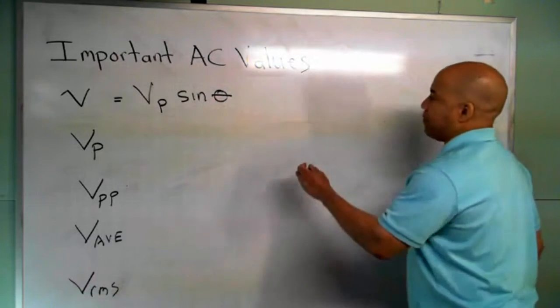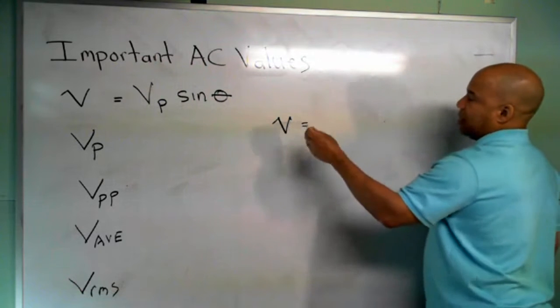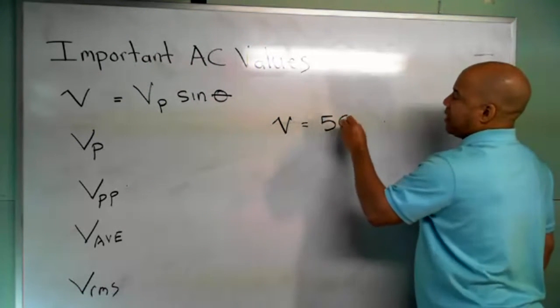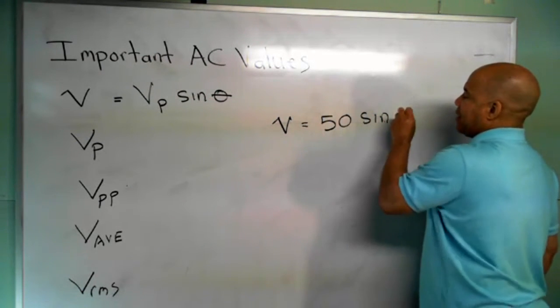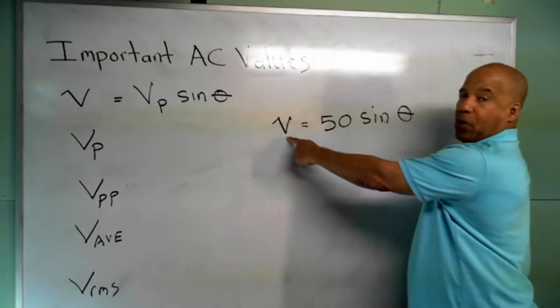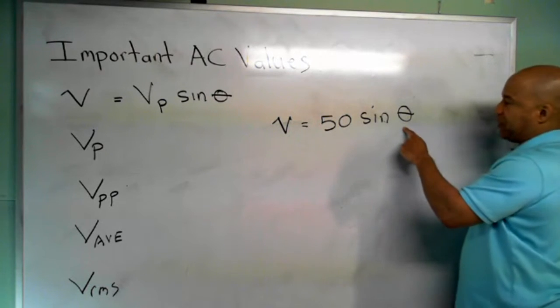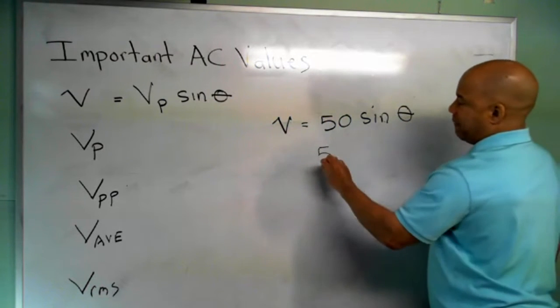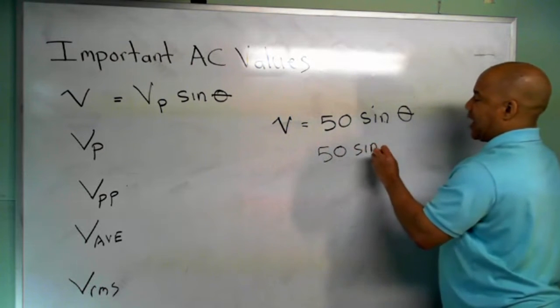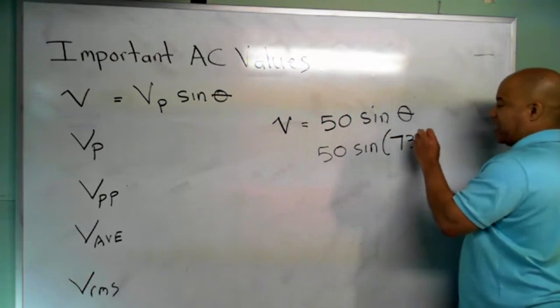But just as an example, if I say that v equals 50 sine theta, and you want to give me the value for voltage at a certain number of degrees, then you just put this in your calculator. You might have 50 sine 40, or let's say 73 degrees.